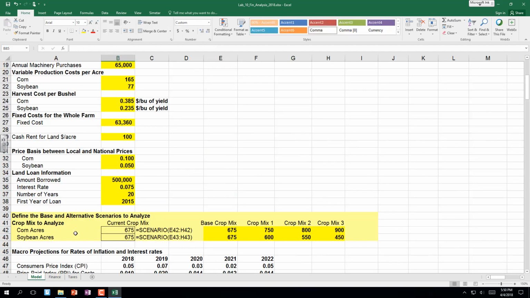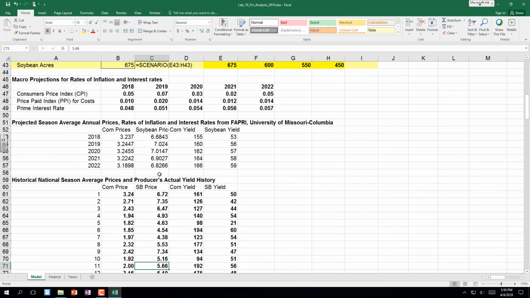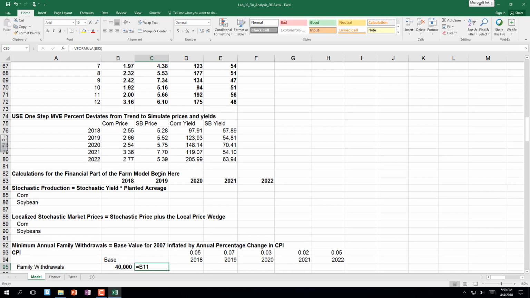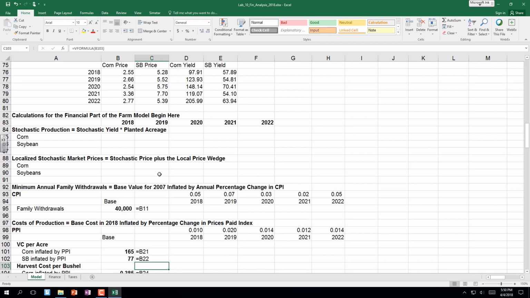Okay, now, let's go back to our model. Now we start into actually farming. Okay, we need production, okay? Now, I wrote out everything you need to know on the side here as to what variables and what the formulas are. Okay, I'll talk about some of those tomorrow in class. So our stochastic production is equal to planted acres times yield.